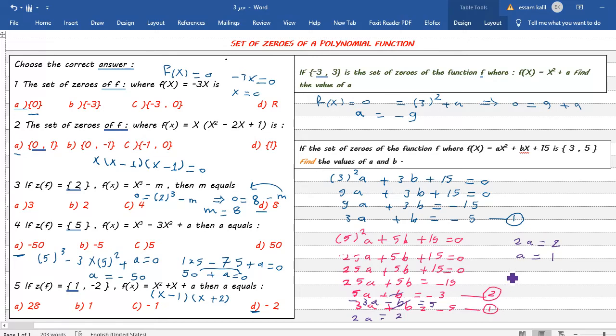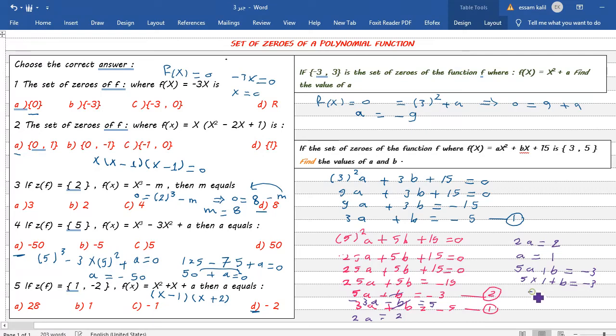Substitute the value of a in any equation. So 5a plus b equals negative 3. What is the value of a? Value of a equals 1. So 5 times 1 plus b equals negative 3.